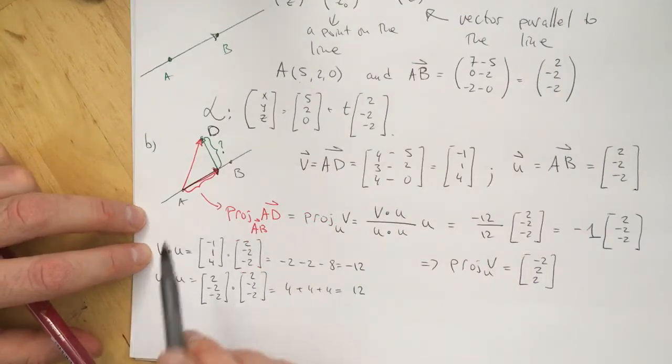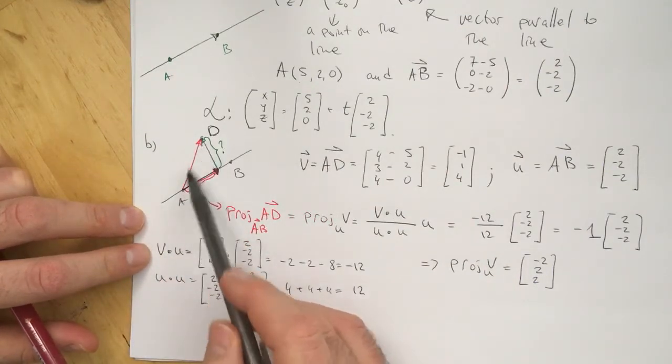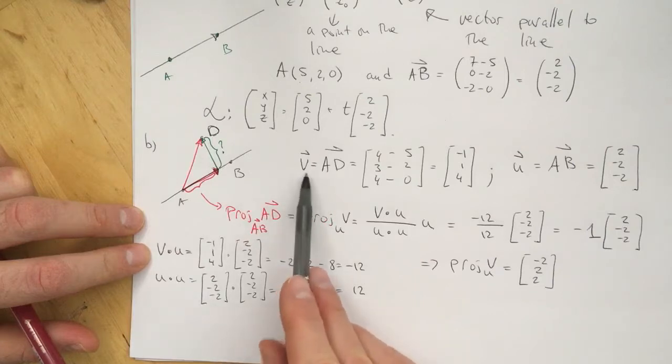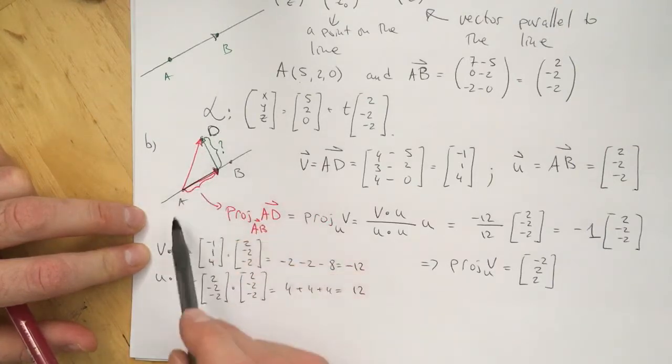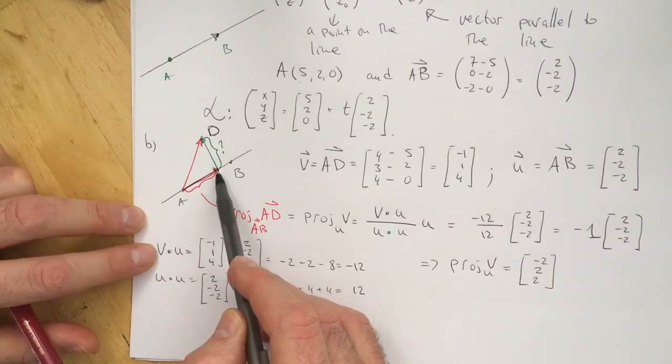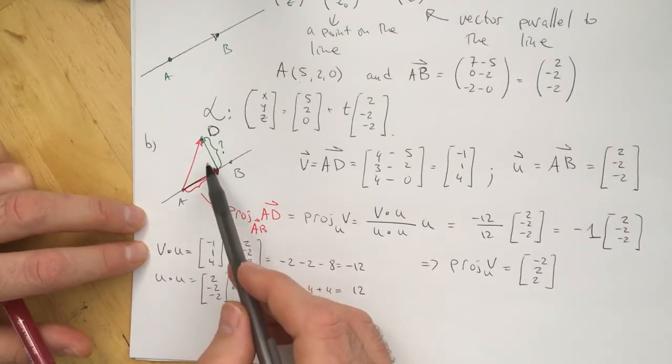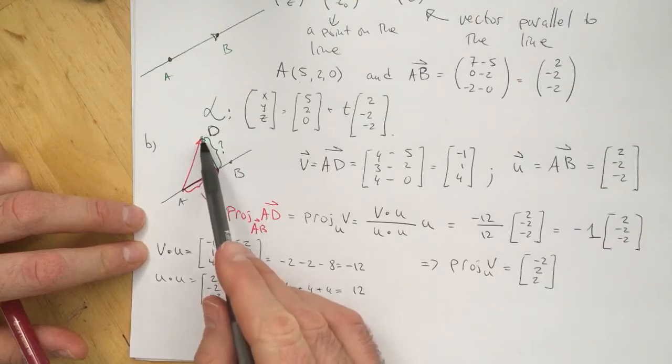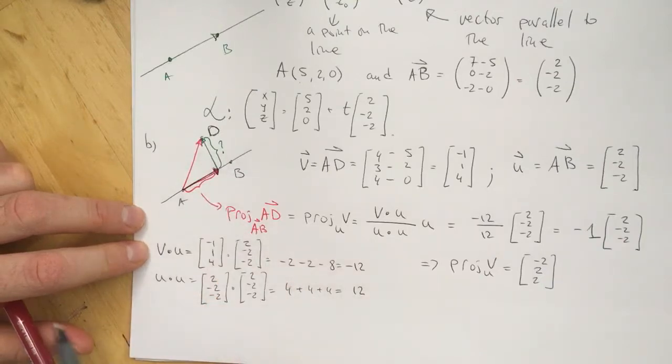Now the difference between the vector AD that we called V and the projection gives us the green vector right here, whose magnitude gives us the distance between the point and the line.